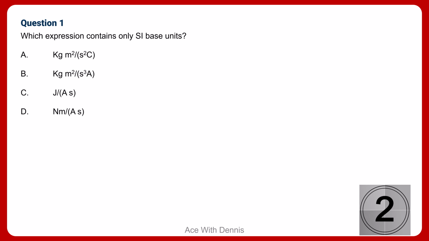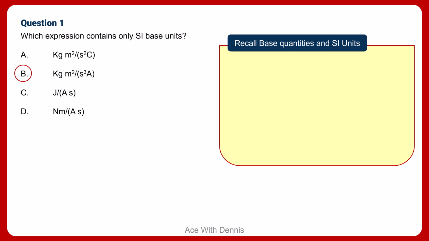Now, let's recall the base quantities and SI units. There are 7 base quantities. Number 1, length. SI unit is meter, symbol m. Number 2, mass. SI unit is kilogram, symbol kg. Number 3, time. SI unit second, symbol s.